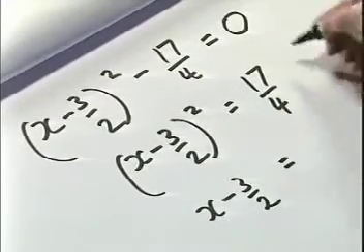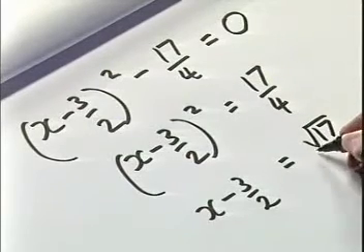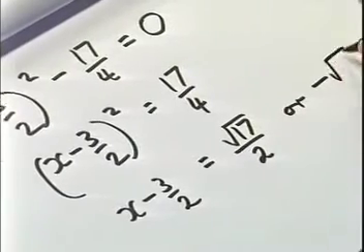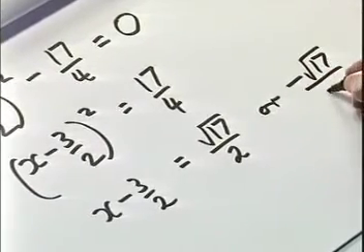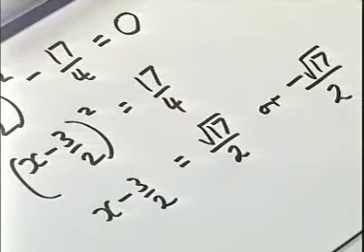To take the square root of this, I need the square root of the top, which is going to be plus root 17 over 2, or minus root 17 over 2. Over the 2, because that's the square root of the 4.